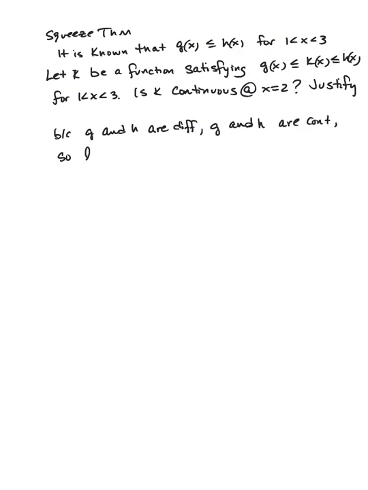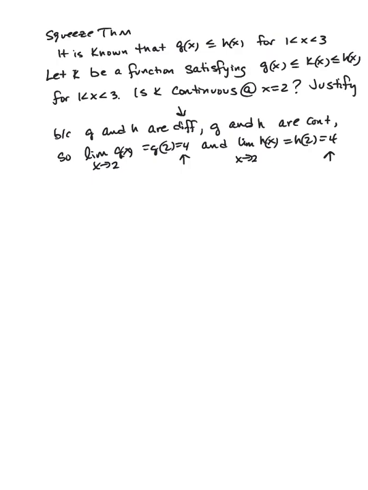Okay, so the limit of g of x as x approaches 2 is g of 2, which is equal to 4. And the limit of h of x as x approaches 2 is h of 2, which is equal to 4. This was given in the stem of the problem, these 4s, and the twice differentiable, okay?